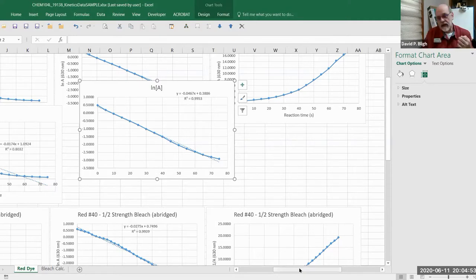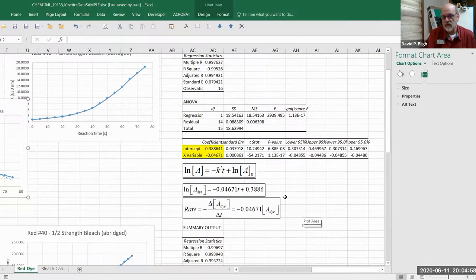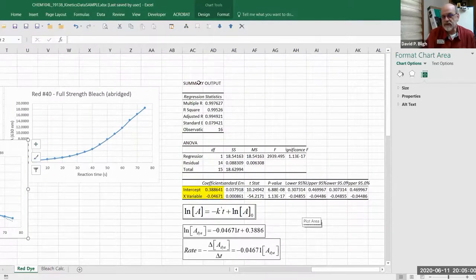Now you can get fancy and you can generate summary statistics here. And remember, in first year general chemistry, the first lab we did was how to do that in Excel. I can show you really quick.